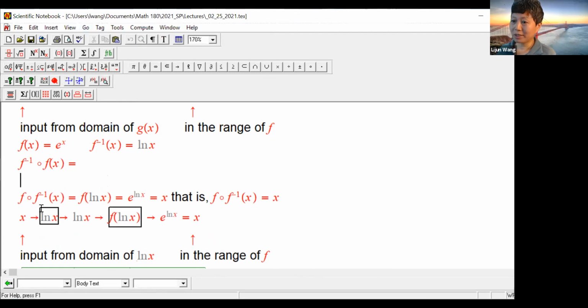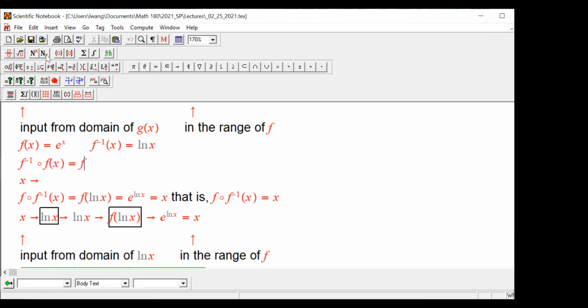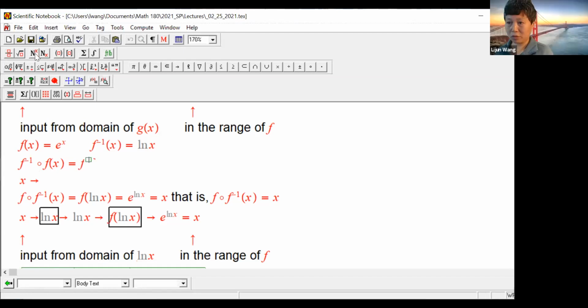Okay, so let's look at the process. Let's be patient with ourselves. We have an x. What do we give it to? Inverse first, so ln x. We'll give it to f first, right? So f inverse of f of x.